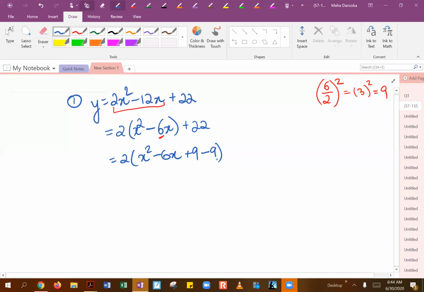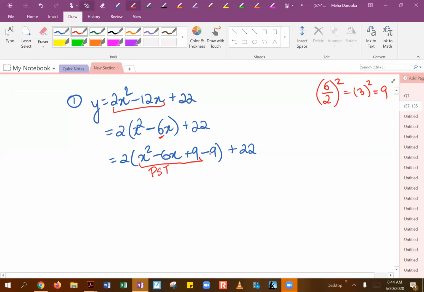So that way I'm basically adding the 9 and subtracting 9 and it's supposed to cancel out. So it won't change the value of my equation. I will still be able to keep the value as it is. And then of course, bring that plus 22 down at the end. Now we don't want to cancel out the plus 9 or minus 9 because we brought that into our equation. We need it. For completing the square, I only need these three terms because they make our perfect square trinomial.